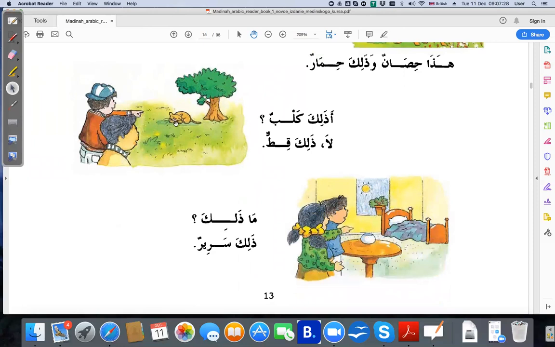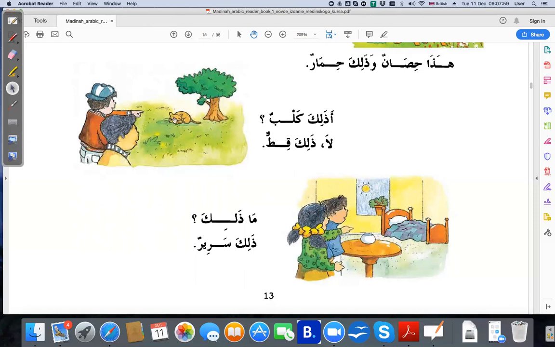We are looking at an animal under the tree, تحت الشجرة. We ask, what is this animal? It looks like a dog for us. So we say أذلك كلب. Is that a dog? It's the same as we did in the previous lesson with أهذا. We use أذلك the same way.